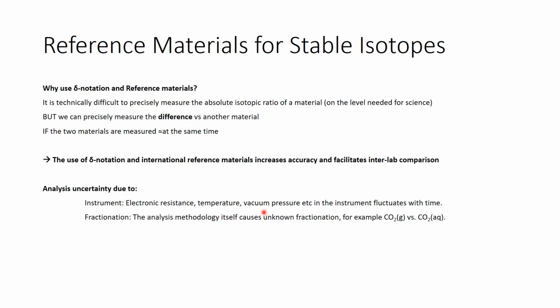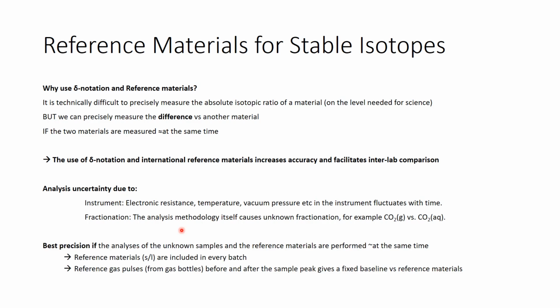You also have fractionation on an uncertain level, so the chemistry itself can also be a huge problem if you don't measure versus another standard at exactly the same time. This means that we need to include reference materials in every batch we analyze, and we also use reference gas pulses from gas bottles before and after we measure the isotopic ratio of the sample.